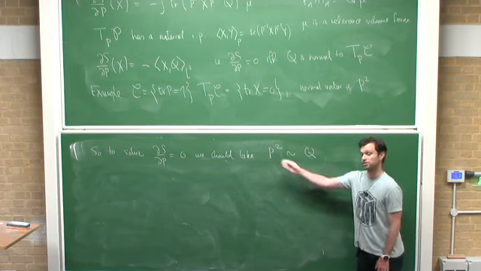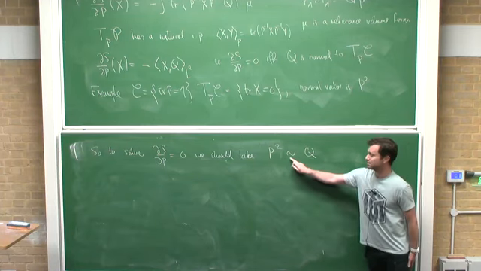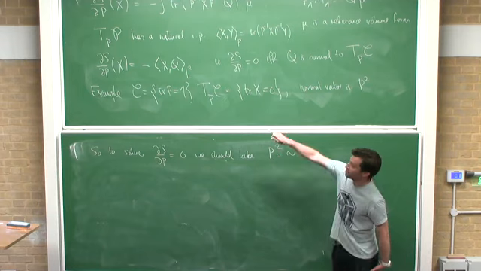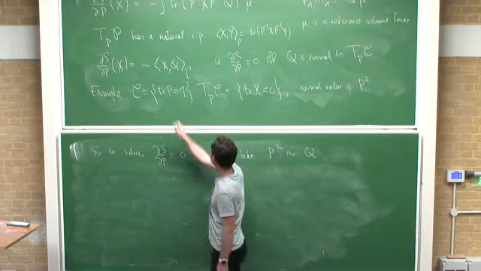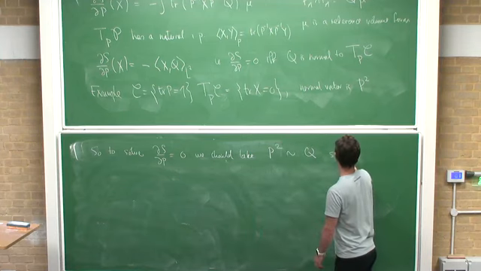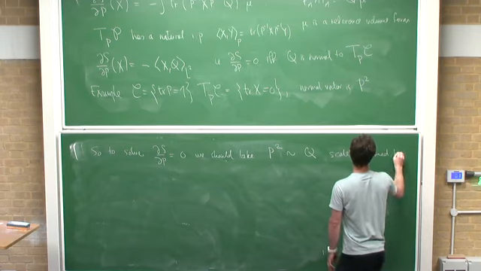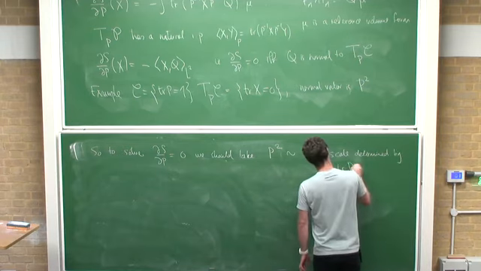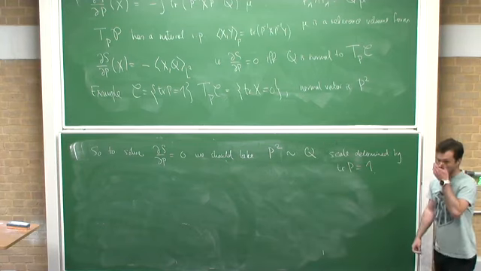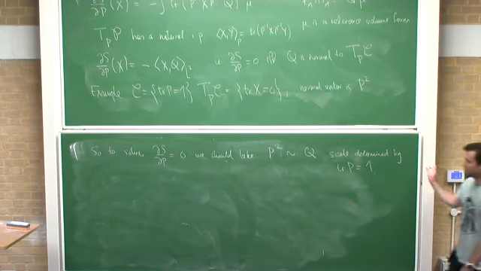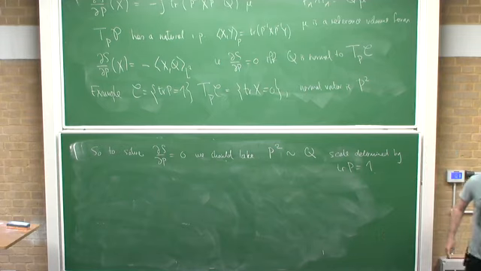I've just chosen P squared. And how do I fix this scale? Well, I know that the trace of P has to equal 1, because that's my condition here. So the scale is determined by trace P equals 1.